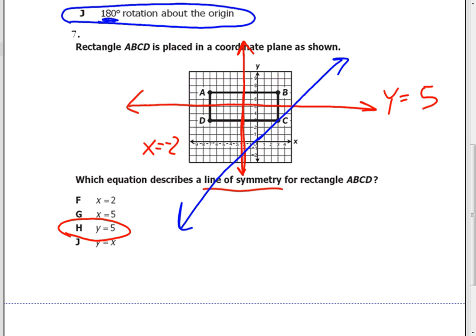What if you had that line that goes through 1, 1, 2, 2, and 3, 3? That doesn't have a name like this. What is the name of that line? What's its y-intercept? 0. What's its slope, if it's going through 1, 1, 2, 2, 3, 3? 1.